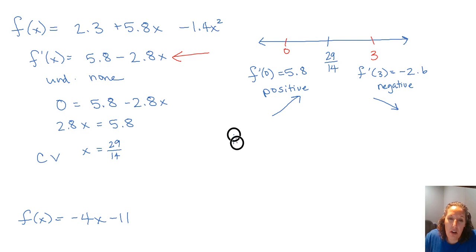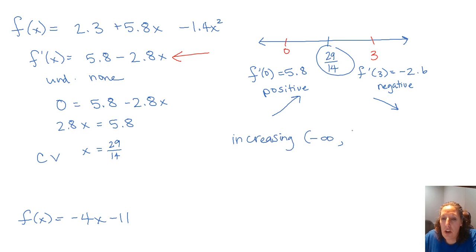So that means our answer, our function is increasing on the interval. Here it's going to go all the way to that arrow, so that means negative infinity, all the way up to our critical point here, which is 29/14.